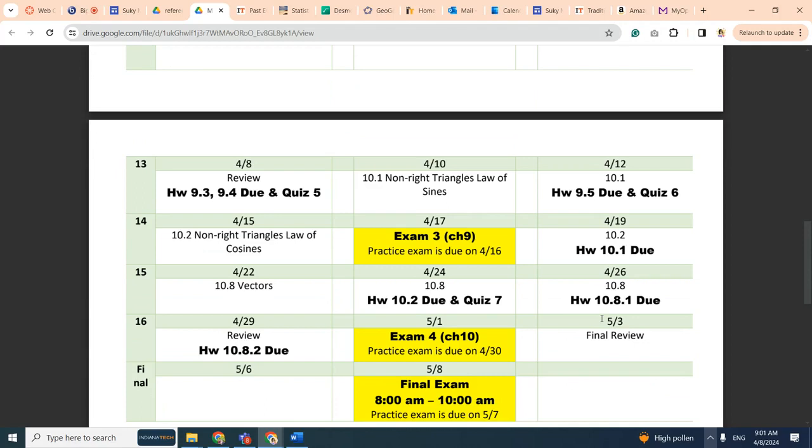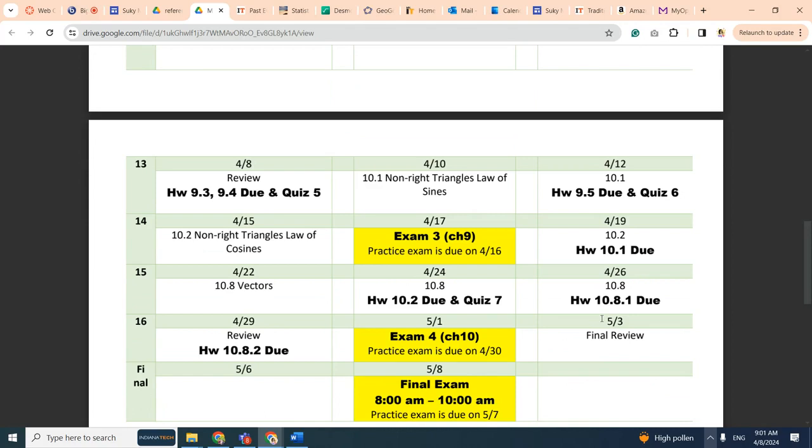And for the exams, you can use the final exam score to replace the lowest chapter exam score. So if you have been getting good scores on your exams, ideally you don't have to take exam 4 if you're happy with your exam scores. But be careful, everybody must take the final.